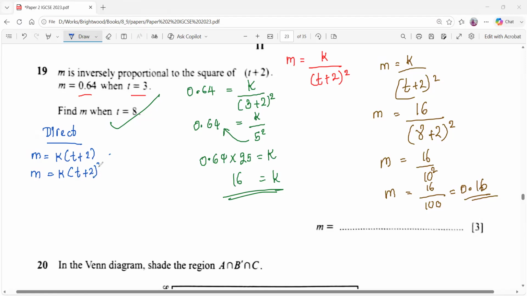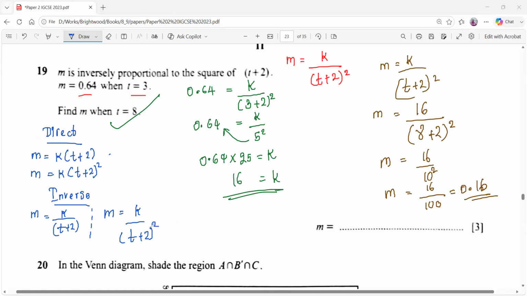Clear? For inverse proportional, you can write m equals k over (t plus 2). If they give inverse proportional of the square, it should be m equals k over (t plus 2) squared.